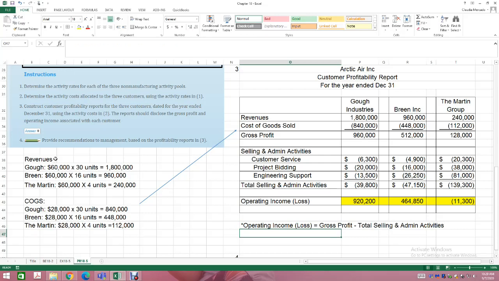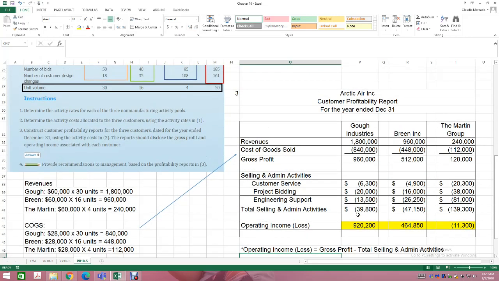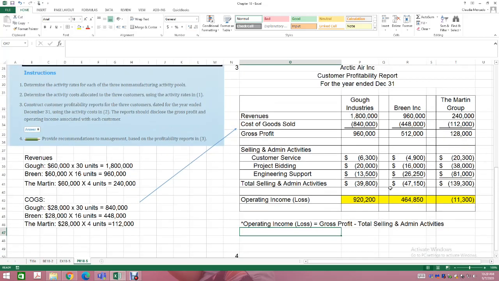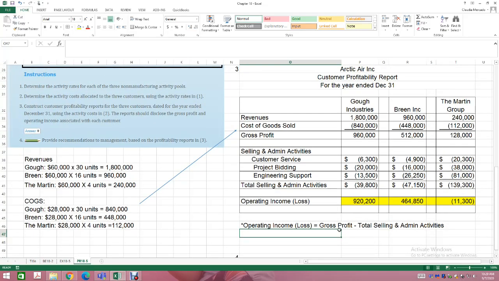Now, requirement 4. Provide recommendations to management based on the profitability reports in number 3. So now you have your report here. Go gives you $920,200 in income. He's the one that gives you the highest operating income. Then we've got Brin with $464,850. And then the Martin Group gives us a loss.